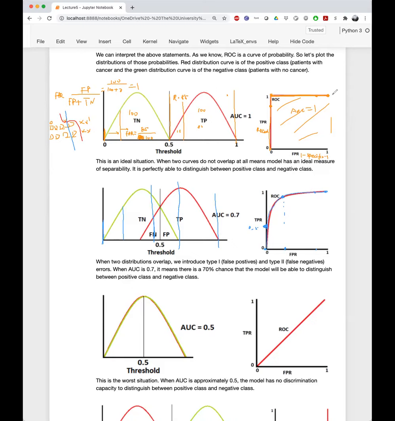But it's no longer a horizontal line and then a vertical line. That's because we have overlap here. So the AUC in this case is no longer 1, it's 0.7. That's caused by the overlap. This means there's a 70% chance that the model will be able to distinguish between positive class and negative class.